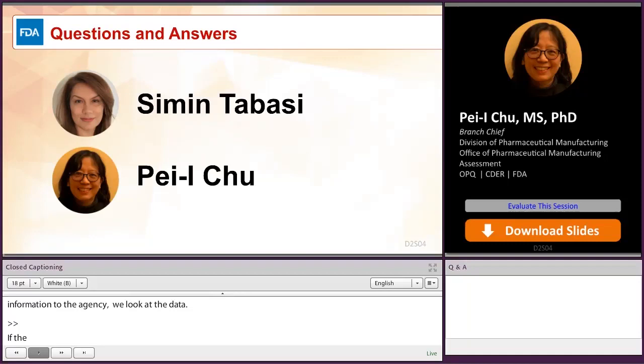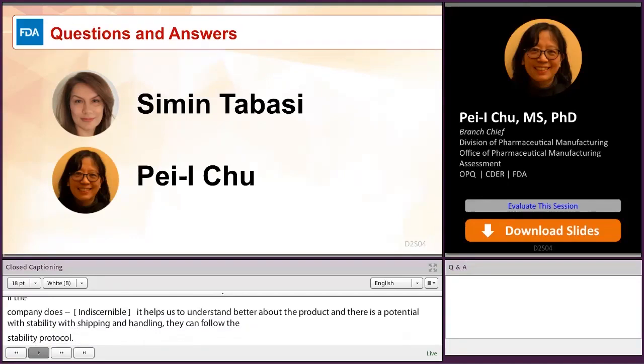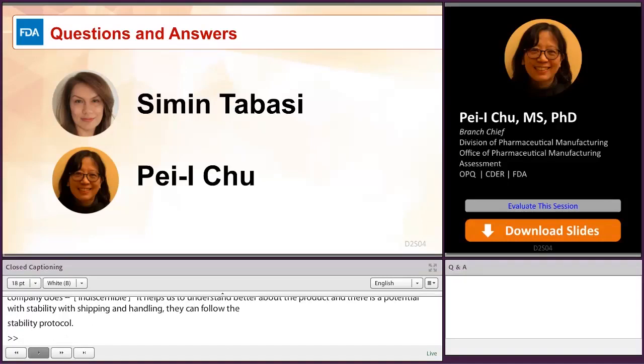One more question for Simin. For drug product total impurities, is this based only on specified impurities, or should they include any unspecified, unidentified impurities in the total?